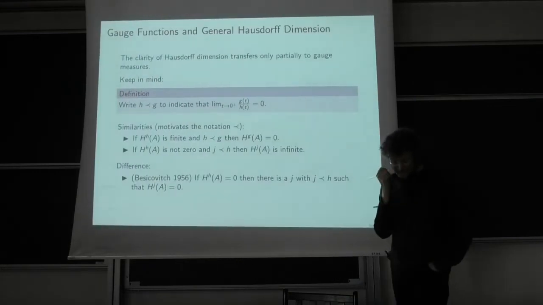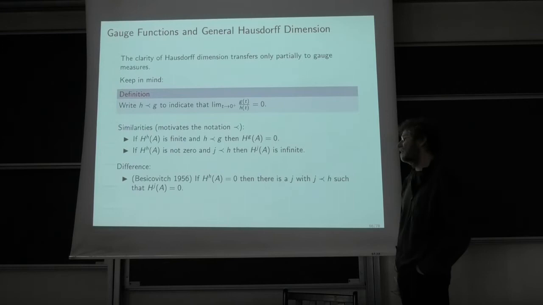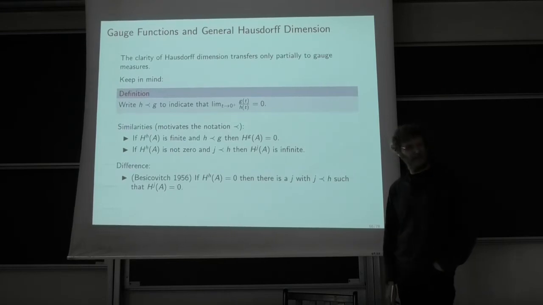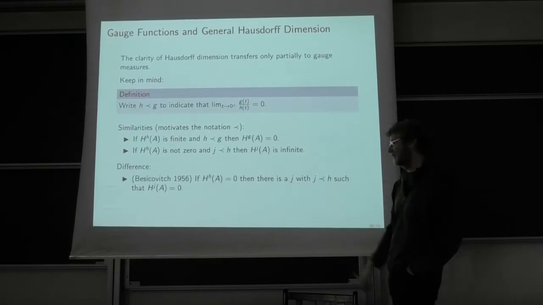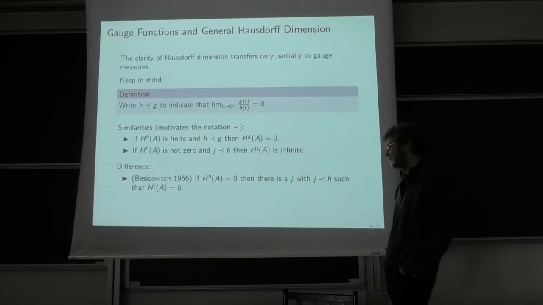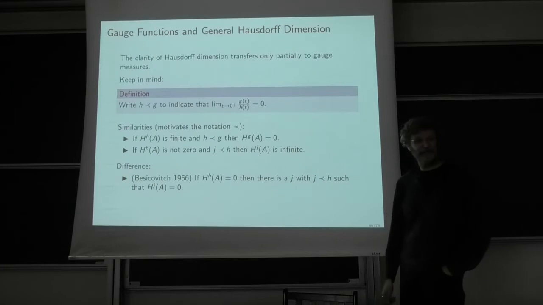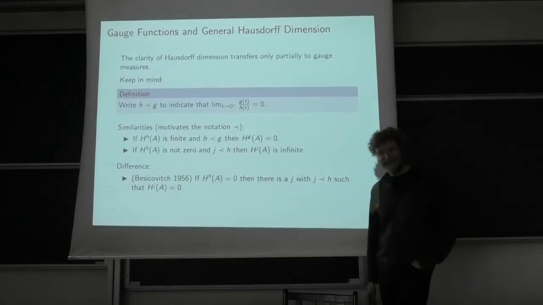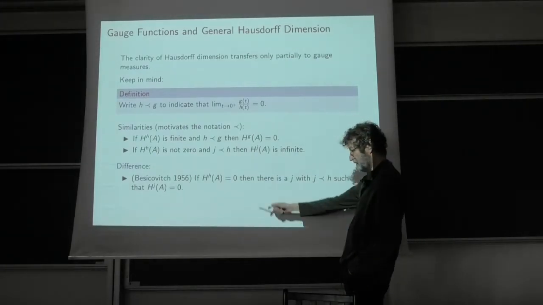Here's a difference. Besicovitch, a lot of this early work in the 50s and 60s, Besicovitch in England was the center of the galaxy at that time for this kind of investigation. So here's a difference.